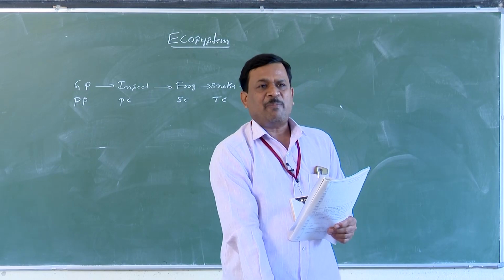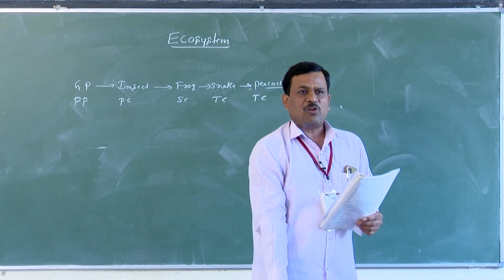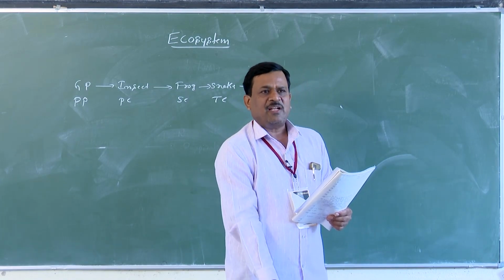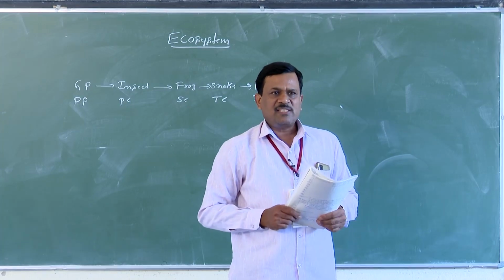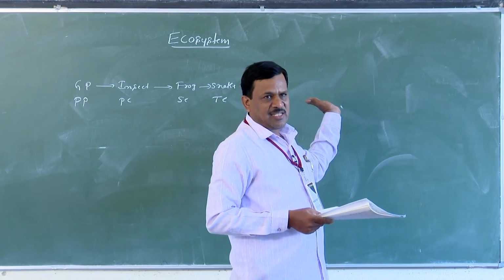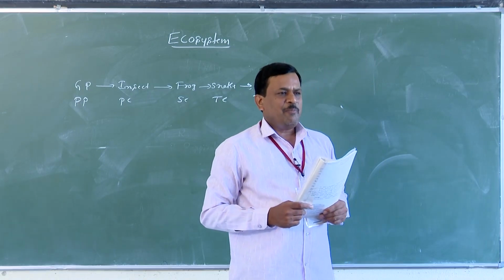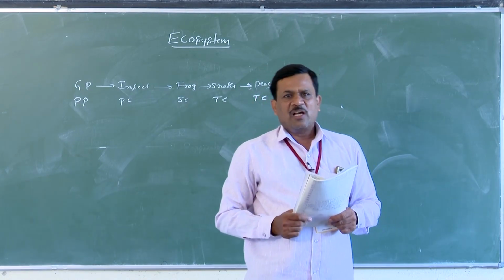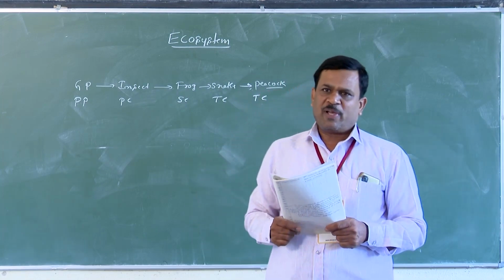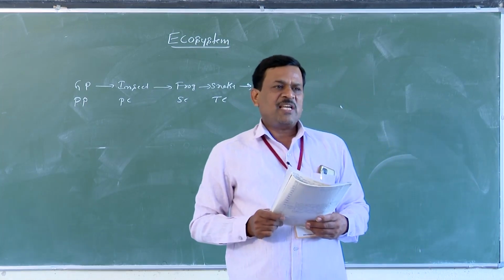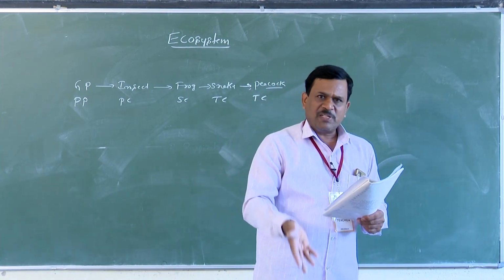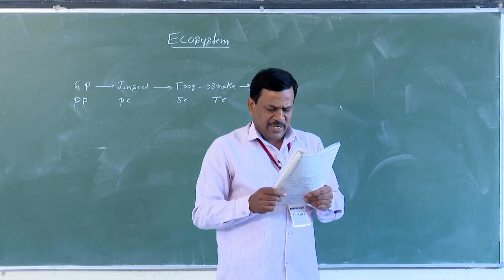So many types of bacteria and microorganisms are present and grown in the soil. Yes or no? Last class I explained all those microorganisms: free living bacteria, nitrogen fixing bacteria, rhizobium, azotobacter, azospirillum. All are present in the soil. So it is not the correct answer.